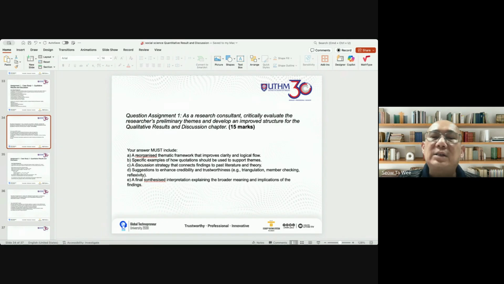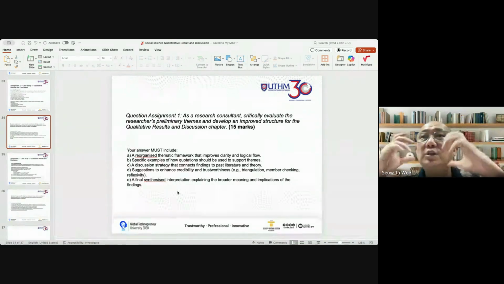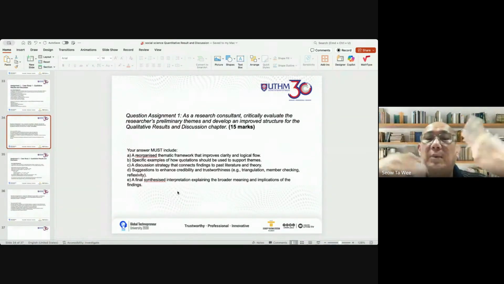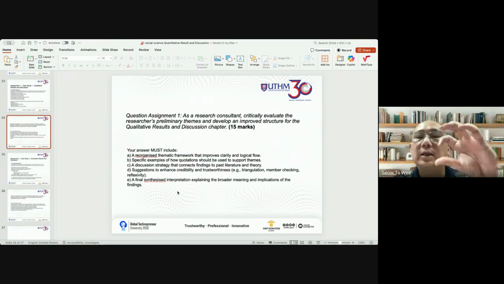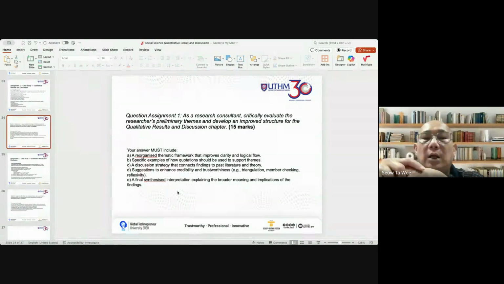So a discussion strategy that connects the findings to past literature and theory. So you try to Google to get the past studies and then your explanation must be there. Based on Tawisel 2019, the study shows that this supports our finding, and so on.